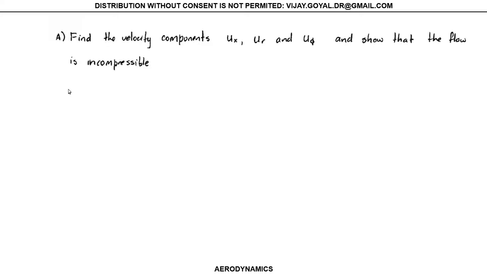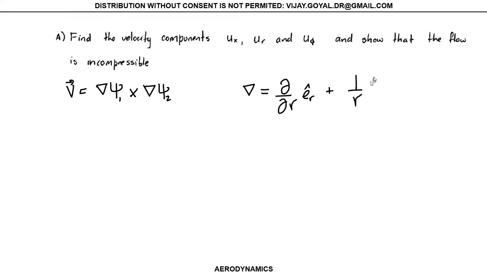If you remember, going back to the beginning of the discussion, your velocity is nothing else than the cross product of the gradients of streamline 1 and streamline 2, where the gradient in the cylindrical coordinate system is given by the following. I'm going to write the gradient as we had it in our class notes, and then I will fix it for this particular problem.